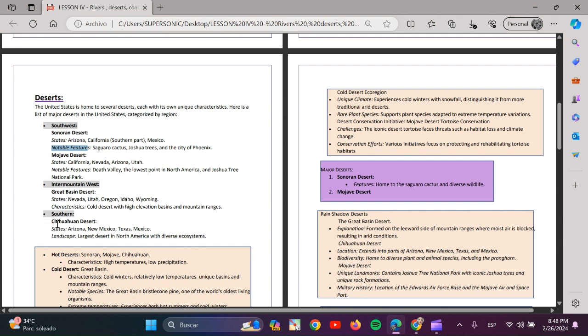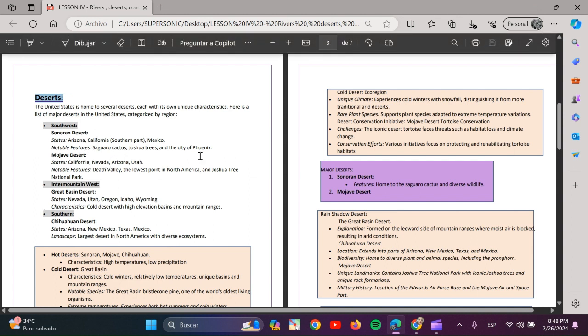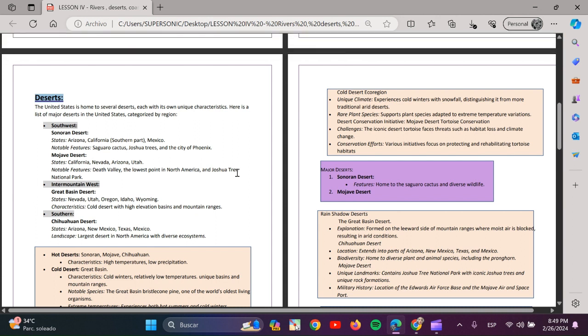These go to Arizona, New Mexico, Texas, and of course Mexico. In this part of the lesson, remember we can find a lot of places like Mexico because usually deserts are located between Mexico and United States.